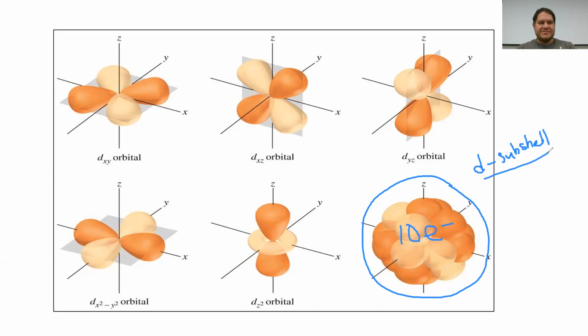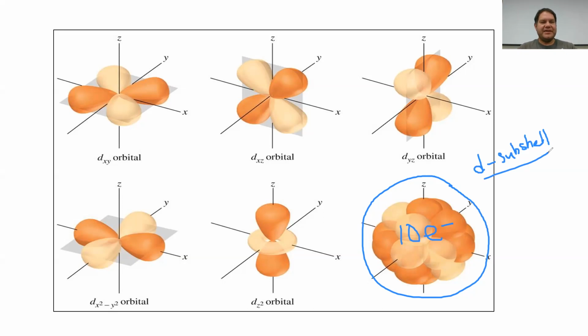So far we've seen s orbitals, and by the way, an s orbital can only have 2 electrons in it, and there's only one type of s orbital, so an s orbital makes up its own s subshell, with a maximum of 2 electrons.